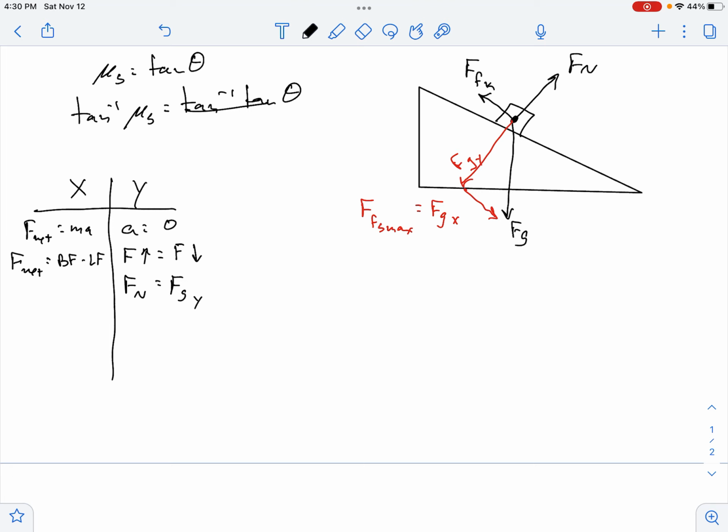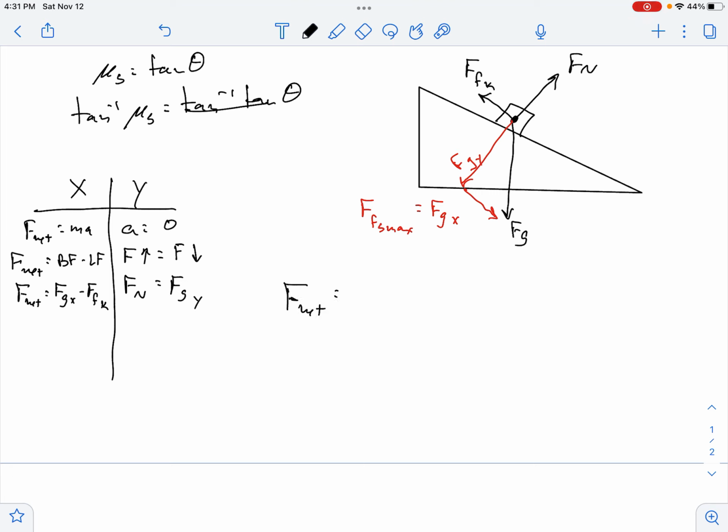We can pretty much assume that this is going to slide down the ramp. So F net is equal to Fgx minus force of friction. Right, so now what I need to do is start plugging things in. I'm going to substitute into my net force equation.